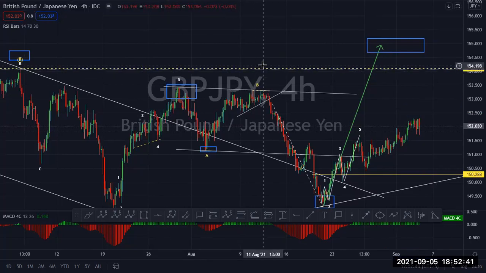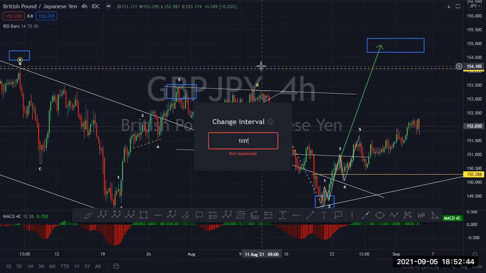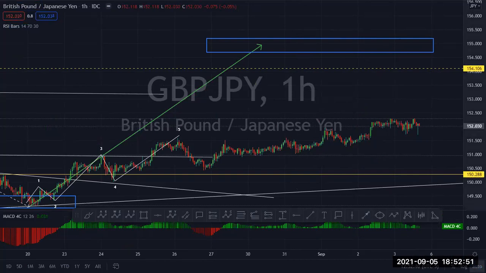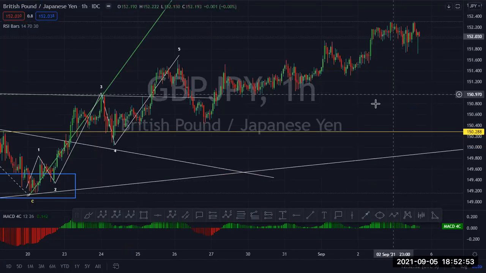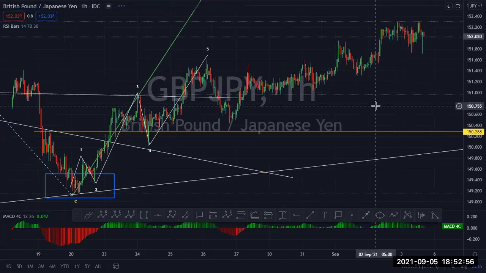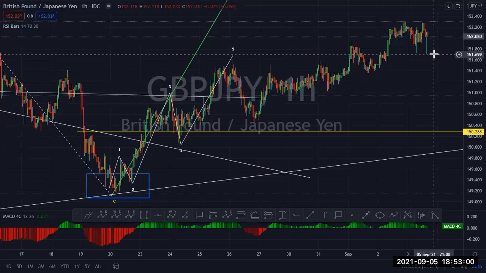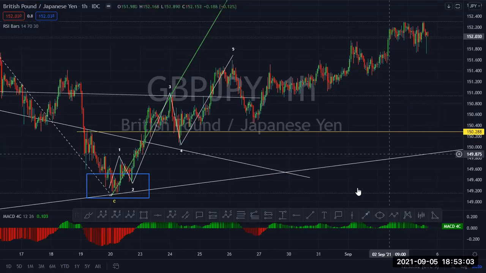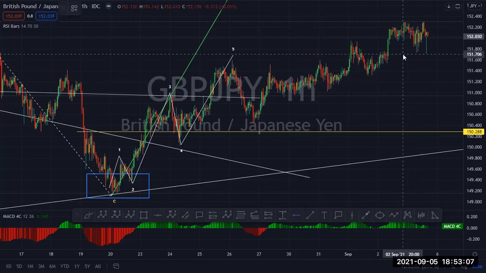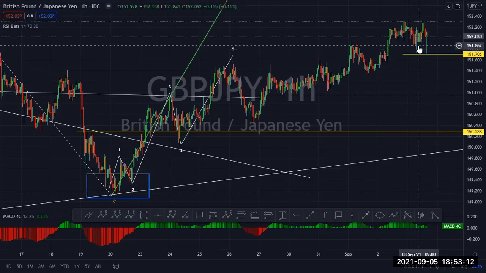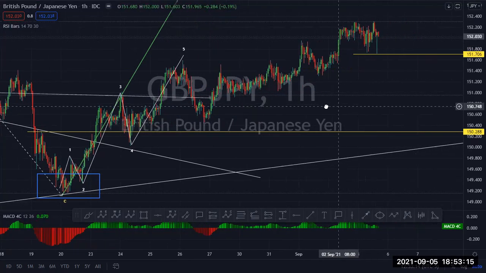So now let's check 1 hour to see how we can join the buying. Okay, so the buying might continue. This may serve as support for now.